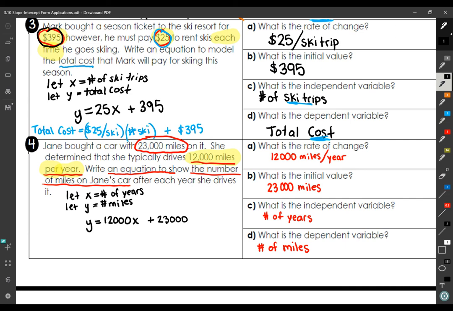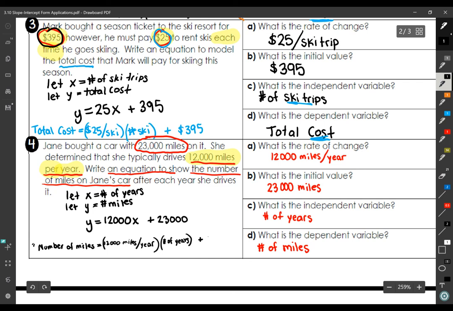So the number of miles equals 12,000 miles per year times the number of years plus 23,000 miles.